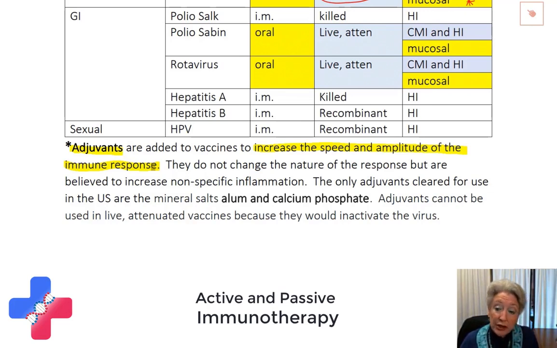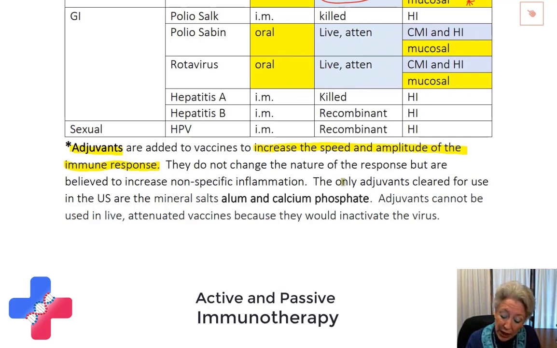But the difference is that they're believed to cause nonspecific inflammation. And I hope you remember that acute inflammation is a natural way of increasing the infiltration of cells and proteins and speeding up the response of the adaptive immune response downstream.